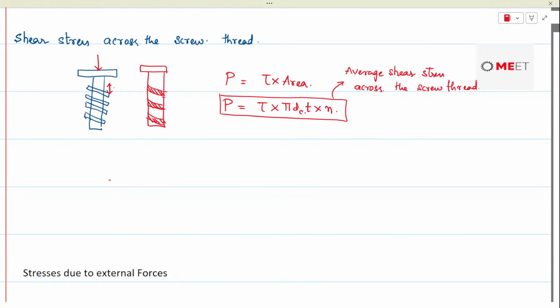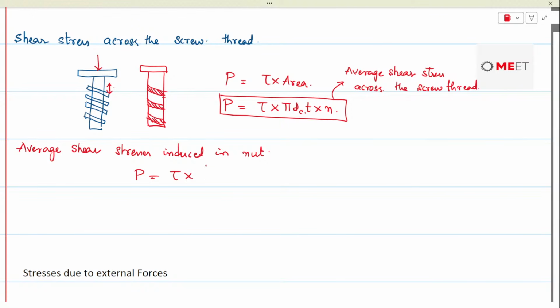In the same way, average shear stress induced in the nut is given by P is equal to tau into area.